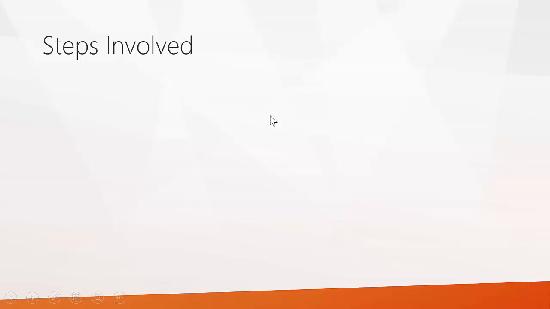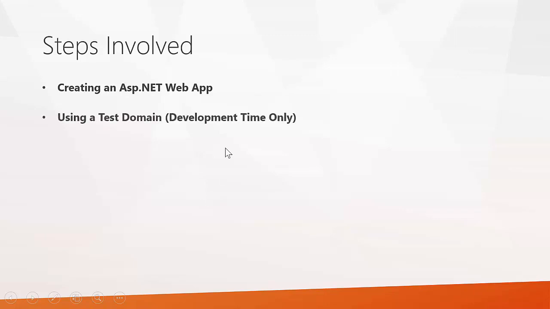So the steps involved as part of this particular process is, first we create an ASP.NET web application. We'll use a test domain, well, for the development time only, that is doing development. We'll use a test domain because Microsoft OAuth account requires a live domain to redirect back from the login process.